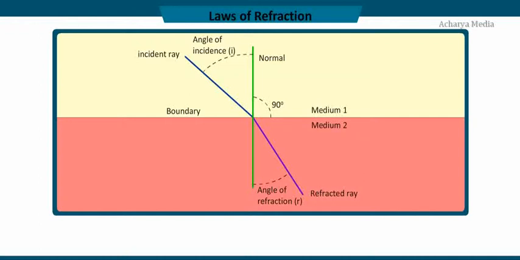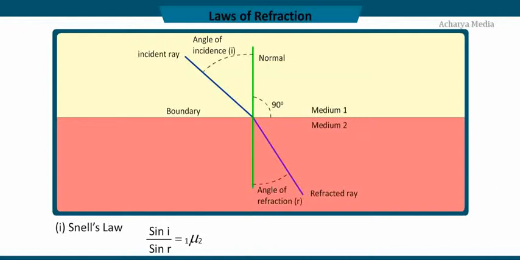This constant is the refractive index mu of the second medium with respect to the first medium. The law can be expressed as sin i by sin r is equal to 1 mu 2. This law is also called Snell's law.